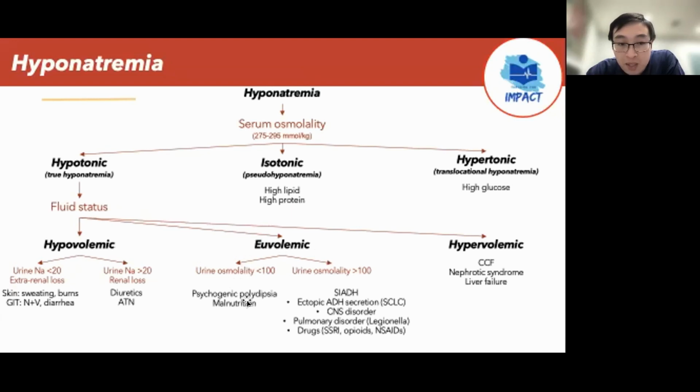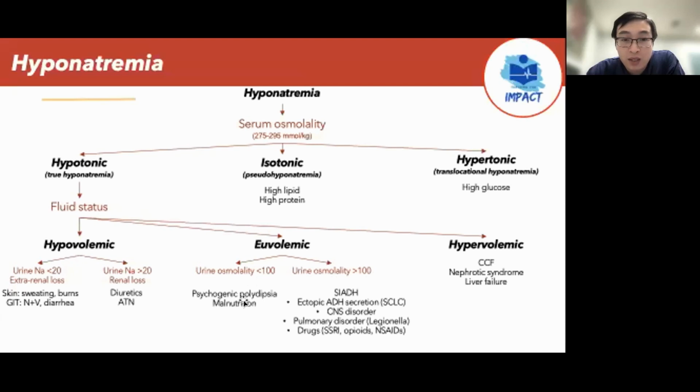Anyway, if the patient is truly euvolemic, then the next thing that you look at is the urine osmolality. And again, you'll get that from that one test that you ordered. Now, if the urine is dilute, so if the urine osmolality is less than 100, then there are two causes. Either the patient is drinking too much and causing H2O intoxication, or the patient is malnourished, so the patient doesn't have enough solute or salt in the body.